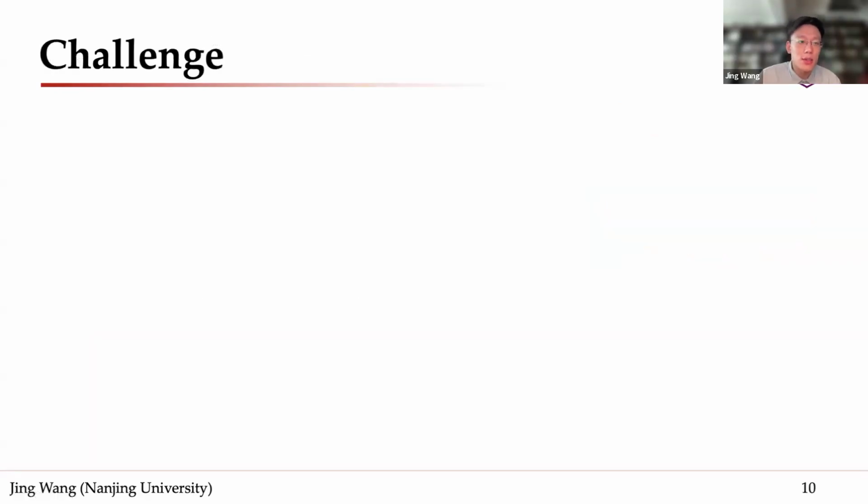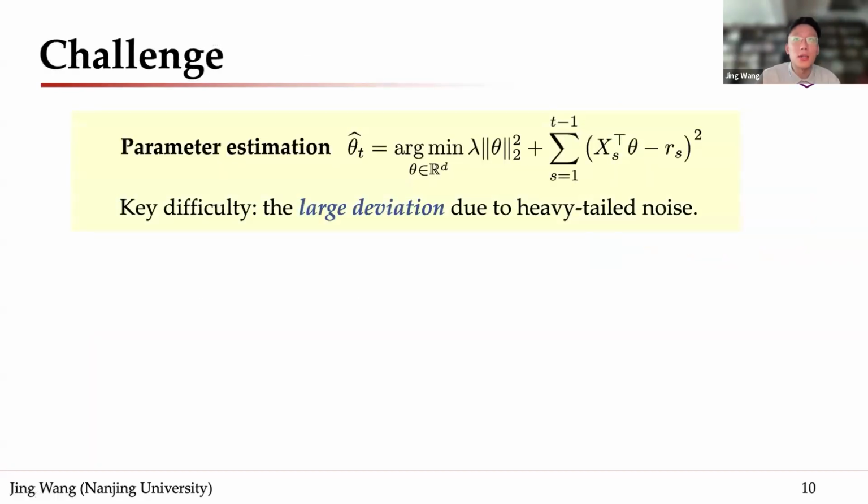The challenge here is that we cannot directly apply the previously used least squares. This is because the quadratic loss function will give a large penalty to large deviation data. But in the heavy-tailed noise case, the big deviation may be due to the heavy-tailed noise, since the observed reward could be influenced by outlier data.